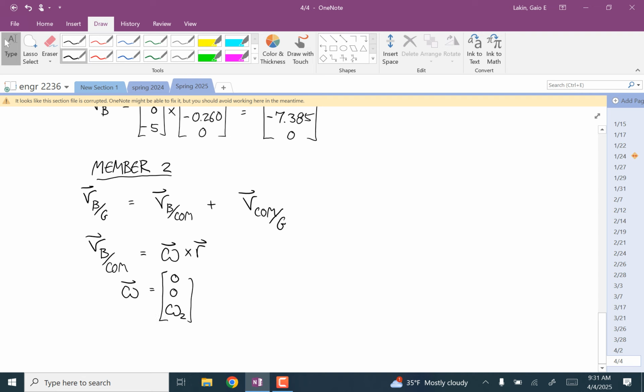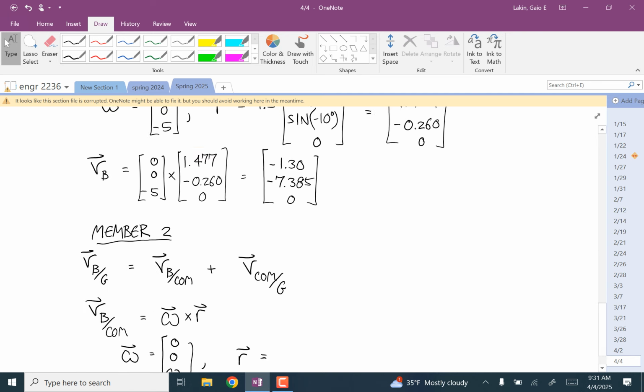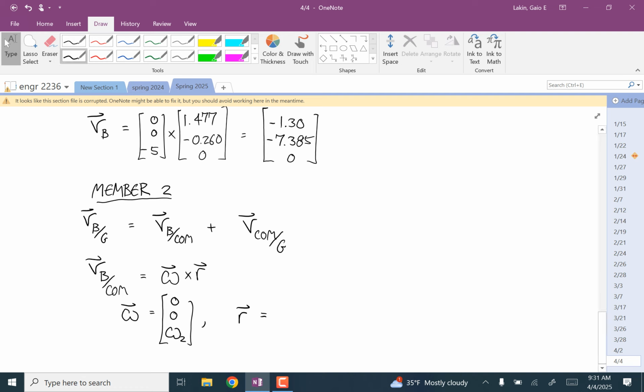And that's going to be a variable that's going to propagate through. The r we know. This goes from the center of mass of 2 to B. So that is 0.75 times cosine, sine of 10.